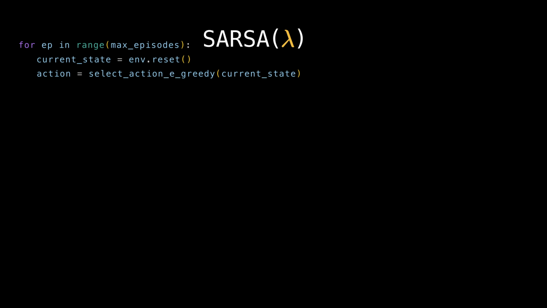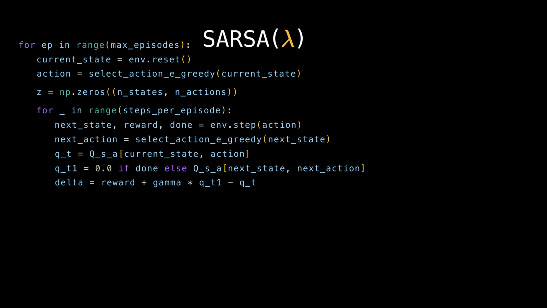The key idea behind this method is that at the beginning of each episode, the eligibility trace for every state and action pair is initialized to 0, and during each time step, the trace is updated in two stages. First, the trace of the current state and action pair is incremented by 1. This trace is then used to update the action value function.